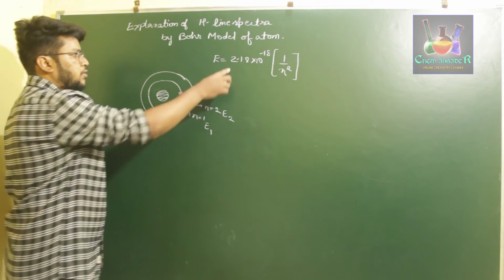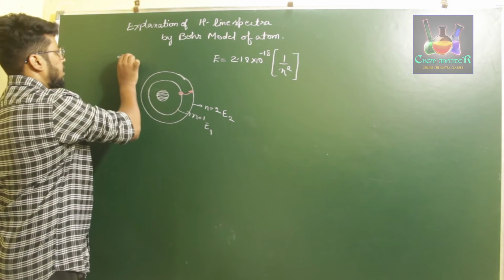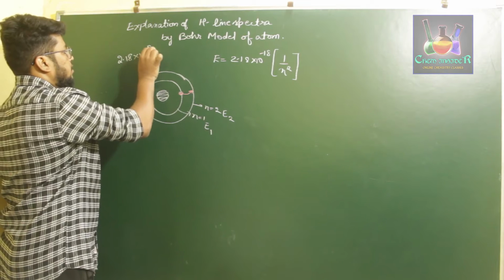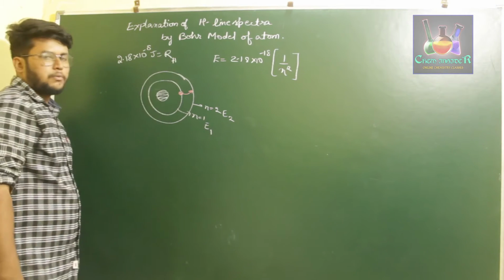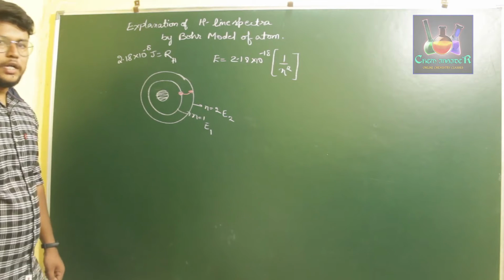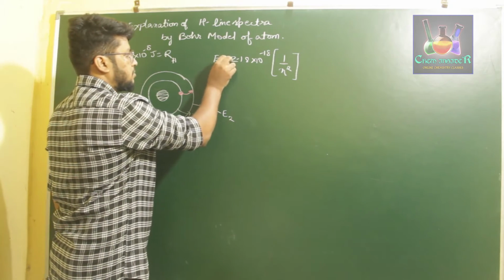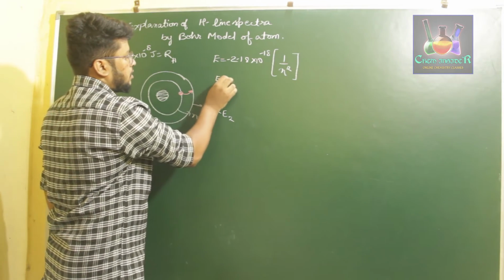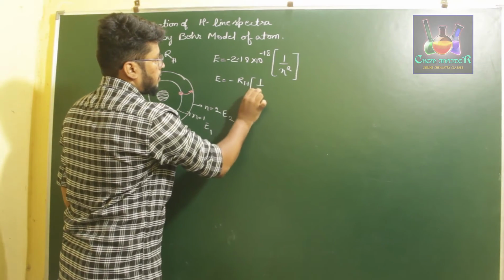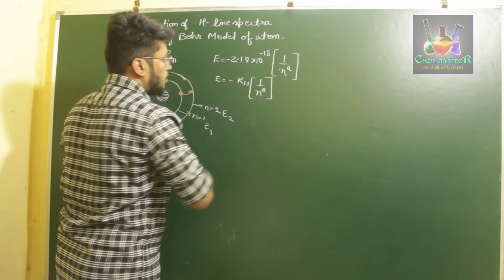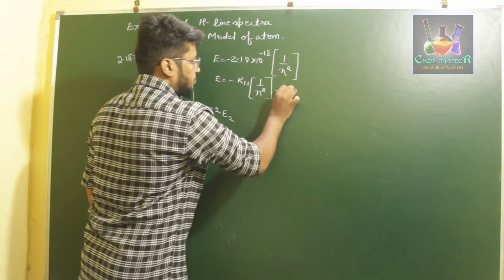Here 2.18 into 10 power minus 18 joules is nothing but our Rydberg constant RH. I'm just going to write it as RH itself. Sorry, this is minus. So E is equal to minus RH into 1 by n square. Let us take this as equation 1.